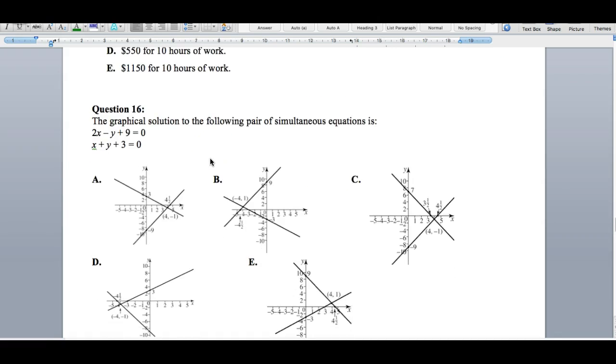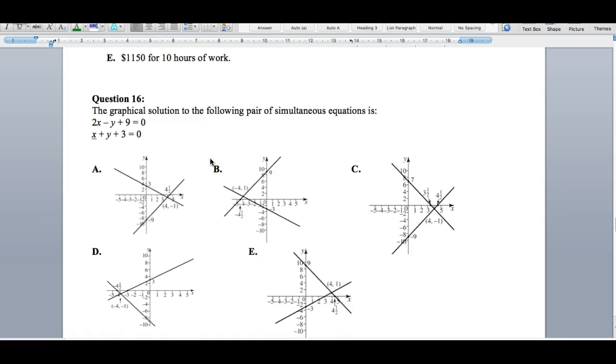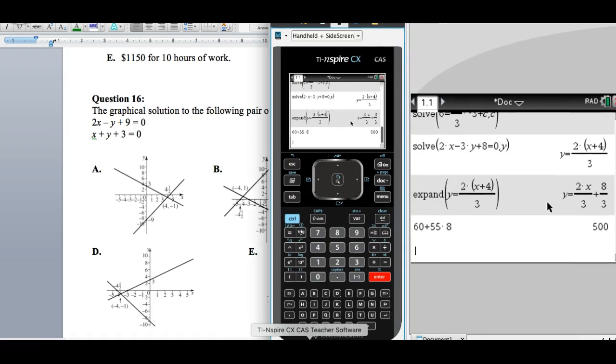Okay, 16. The graphical solution of the following pair of simultaneous equations. You can do this many ways, looking at which line is which and so on, but I think the easiest way is just to use solve again.